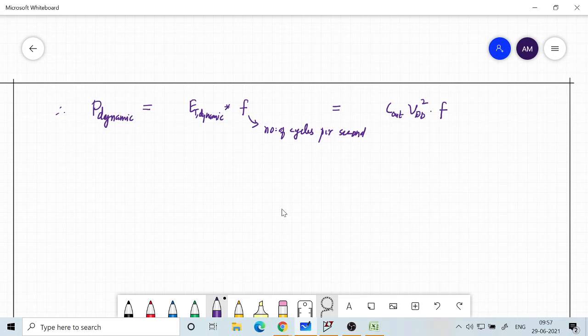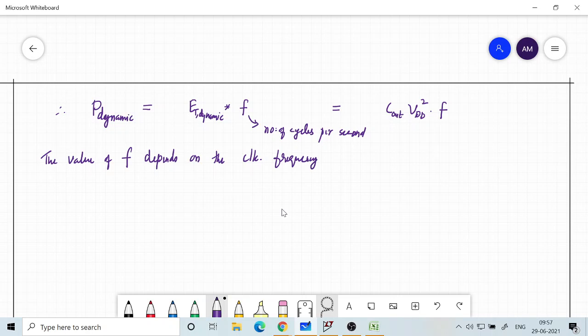Now what is the value of this F? First of all, the value of F depends on the clock frequency.